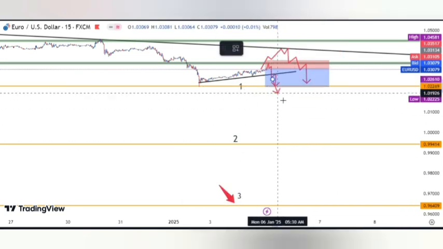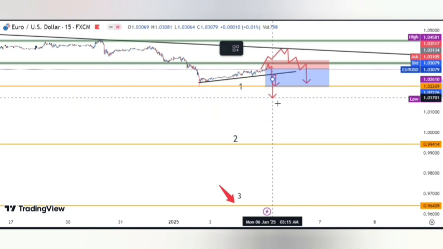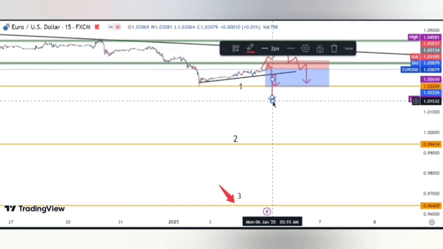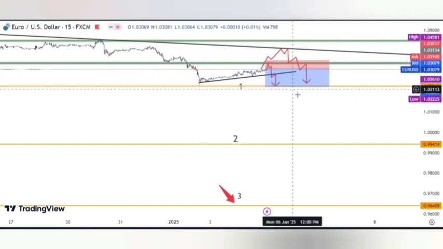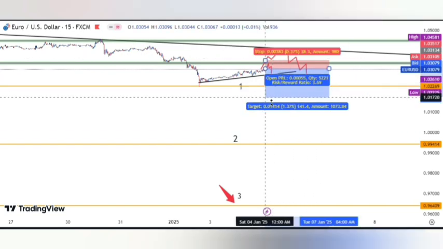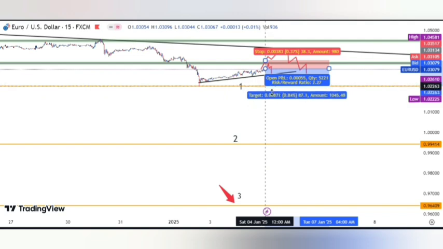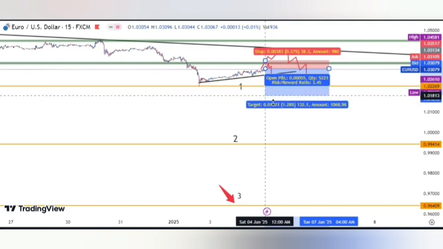As it continues in your favor, you move your stop loss into more profit, but not very close to the current price which is running.